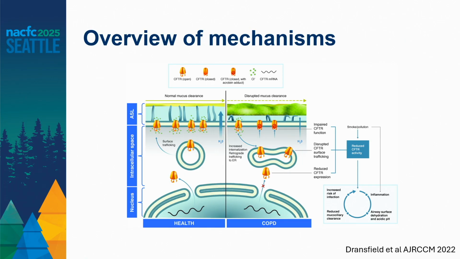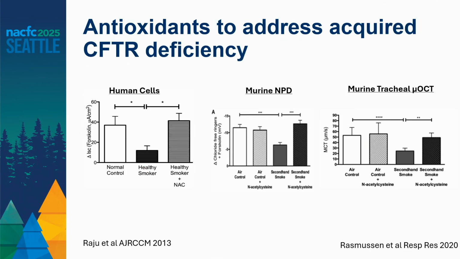And again, I think some of this is that perhaps we forgot the multiple mechanisms at play in CFTR dysfunction. Certainly there is a CFTR functional defect, perhaps from the acrolein and adducts that form with the CFTR channel. But remember that the CFTR is internalized, CFTR protein expression is diminished, CFTR transcript is less stable. So there are multiple factors at play.